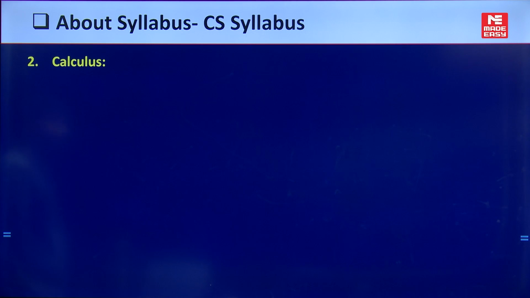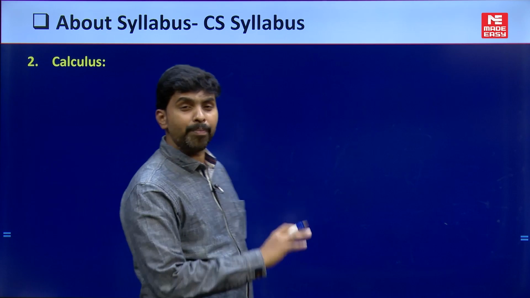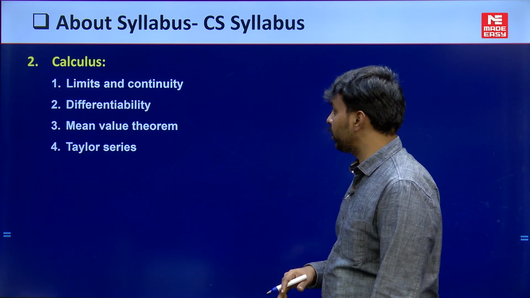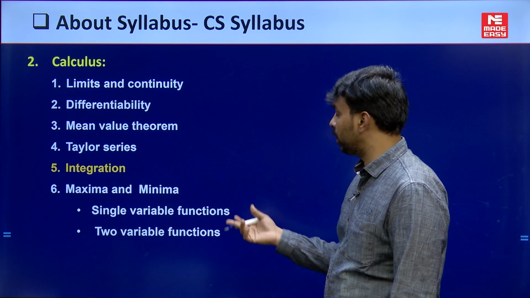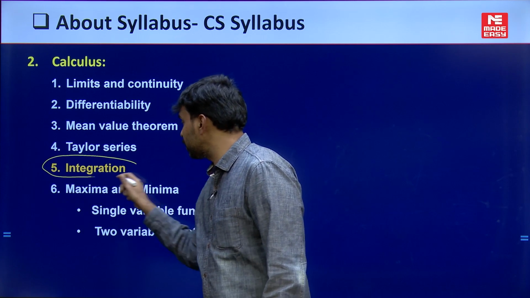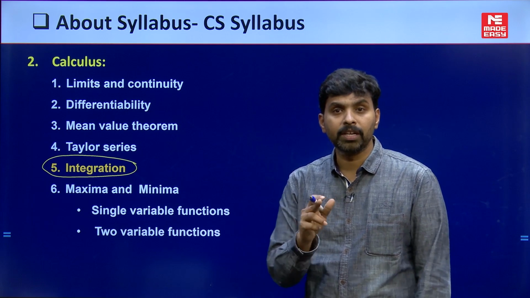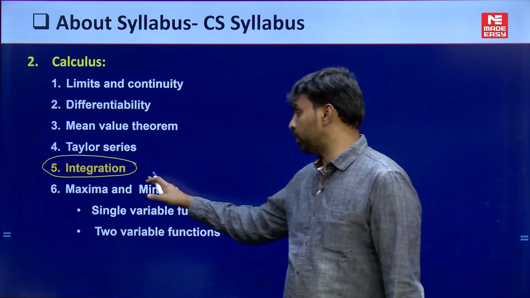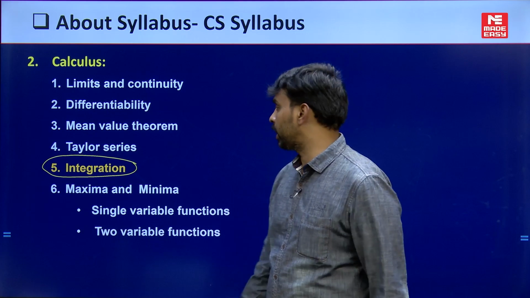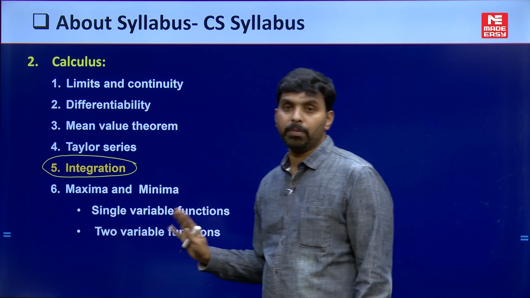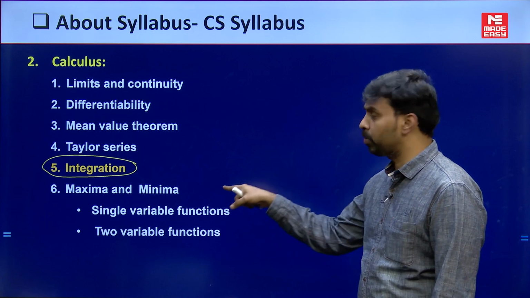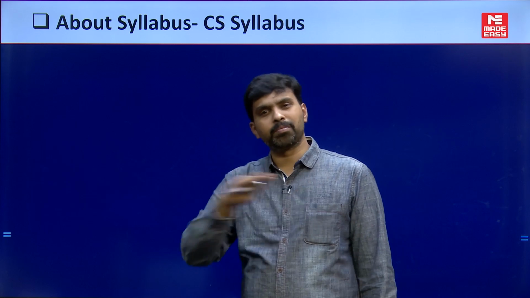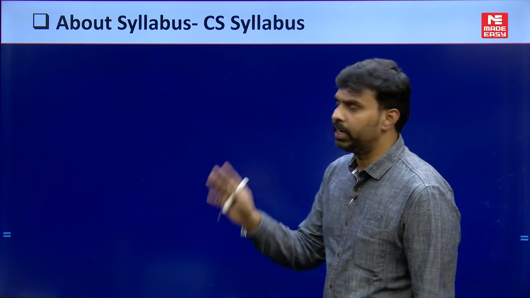Now, next one is calculus. Calculus is absolutely the same. There is not much difference here: limits, continuity, differentiability, mean value theorem. One particular part is not there in the DA paper syllabus, but we cannot ignore it, as you may expect it in the DA paper also. These topics will be there in both the DA paper and the computer science paper. You can consider both the same, except the integration part.